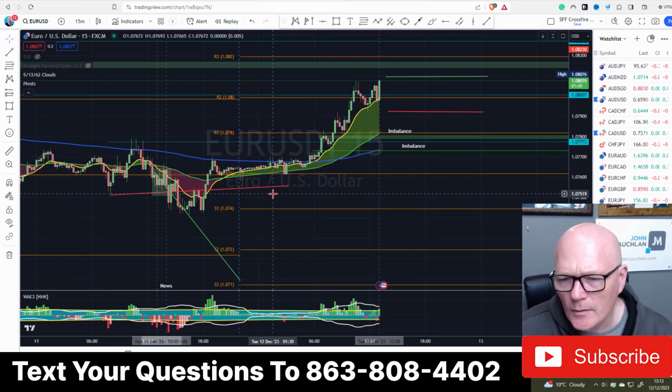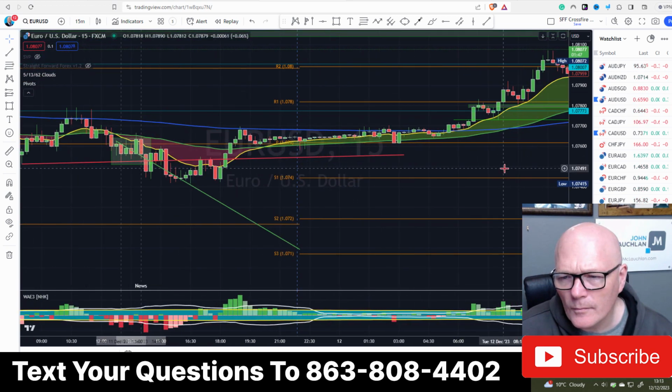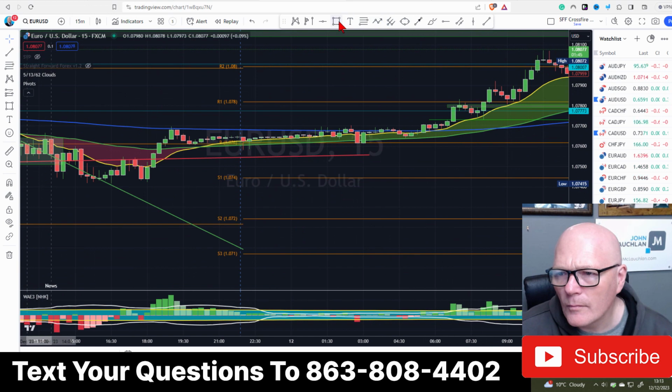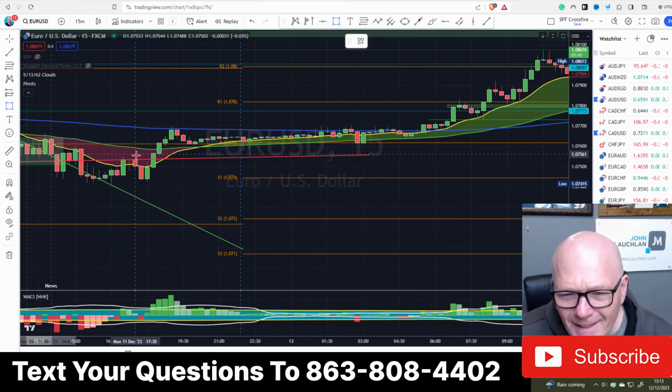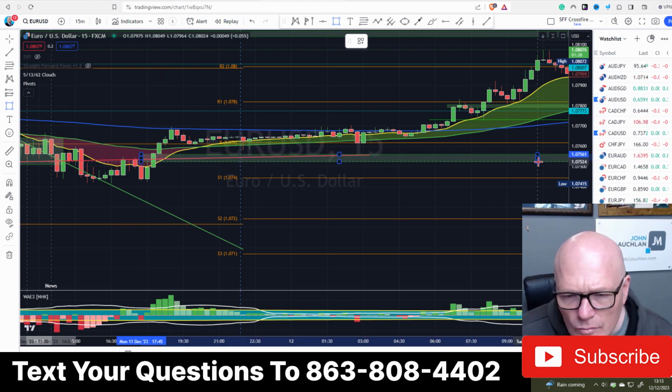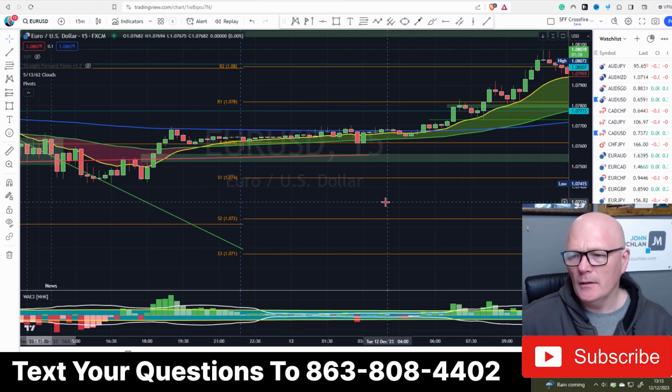Got some there as well, look. 13.13. You see, just between that tiny little wick on this candle and this wick here, okay, between the two. That's imbalance.